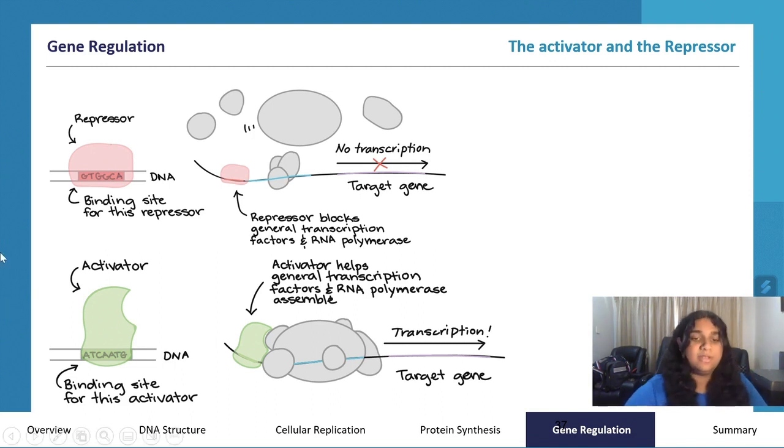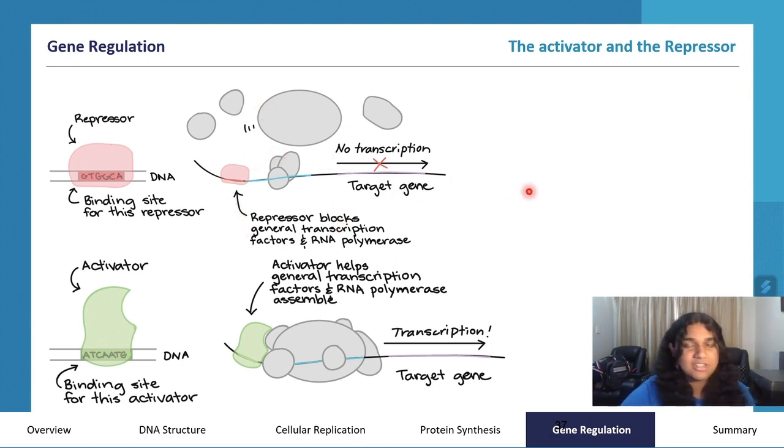Basically, they bind to parts of DNA that stop specific genes from being transcribed or increase the rate that they're being transcribed. So if I get the laser pointer back up, we've got this pink protein binding onto a site. This is a repressor protein, right? So it actually stops all of the mRNA from being accessed and it doesn't result in the transcription of the target gene. The repressor blocks the general transcription factors and RNA polymerase from actually hooking itself onto the DNA strand.